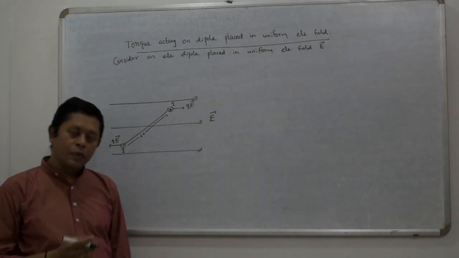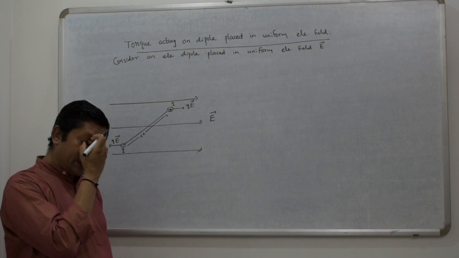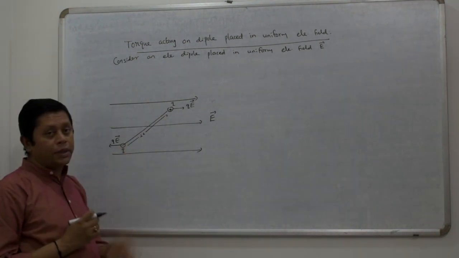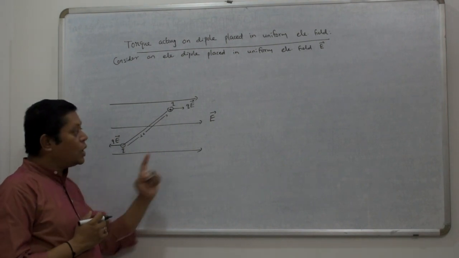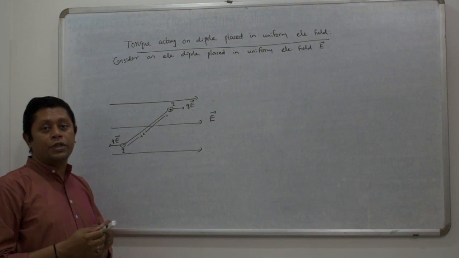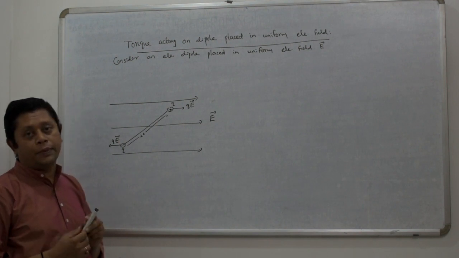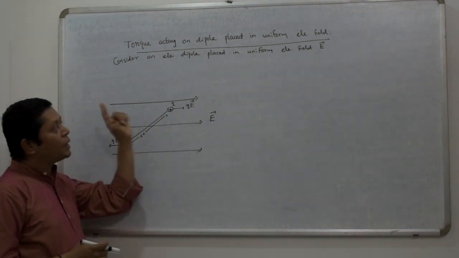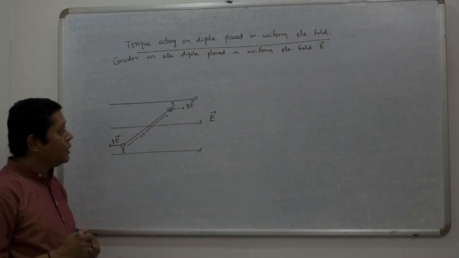And that's why we can say the net force acting on the dipole is 0, but due to these forces, as they are not on the same line, there is one more effect, that is rotational motion, that will take place. And this phenomenon is called torque acting on a dipole.